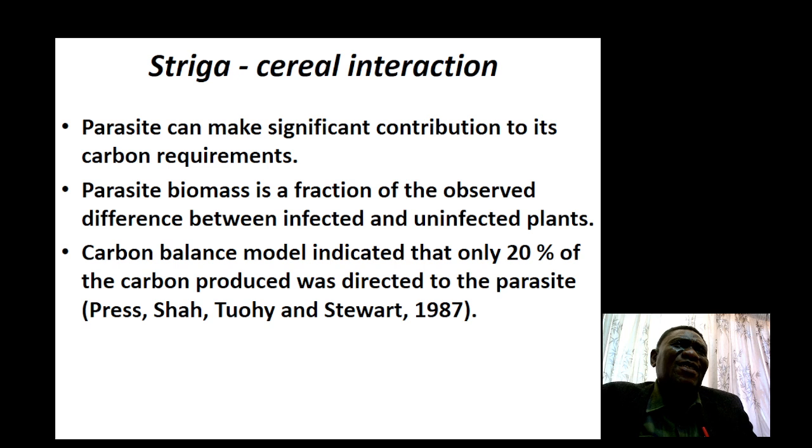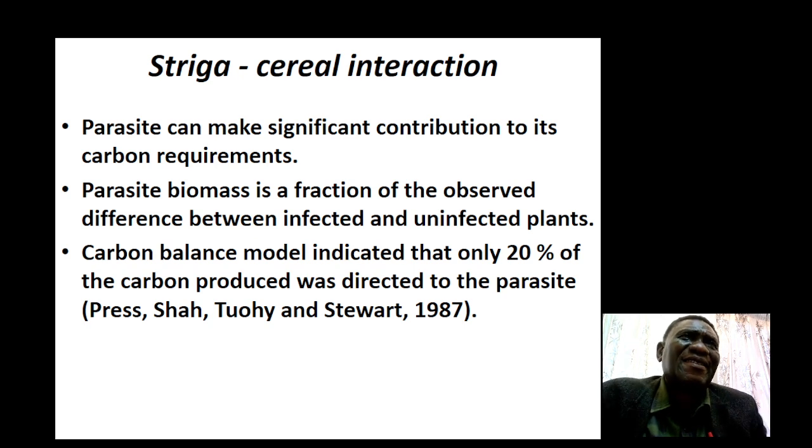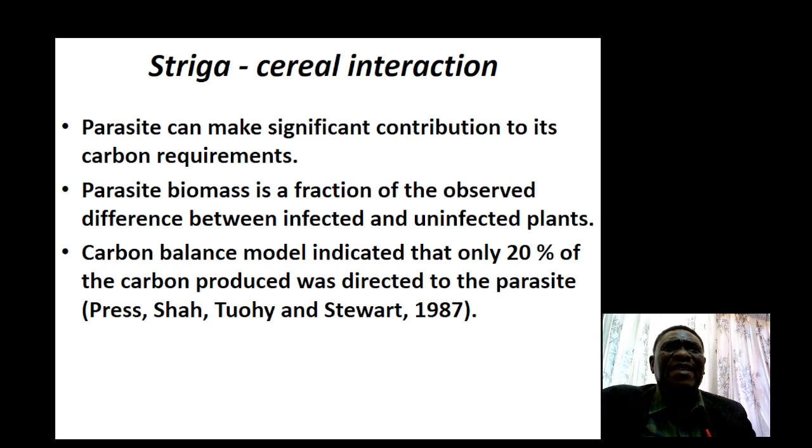So the question is, where are all the carbohydrates going to during infection? A carbon balance model indicated that only 20% of the carbon produced was directed to the parasite, so 80% was lost.